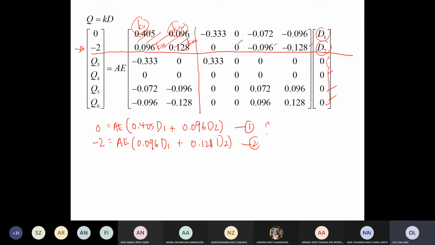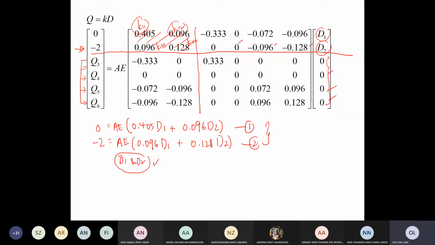Once you solve these 2 simultaneous equations, you get D1 and D2. Then from D1 and D2, you can create another 4 equations using the same method. Now you have the input of D1 and D2, you can solve for the support reactions.